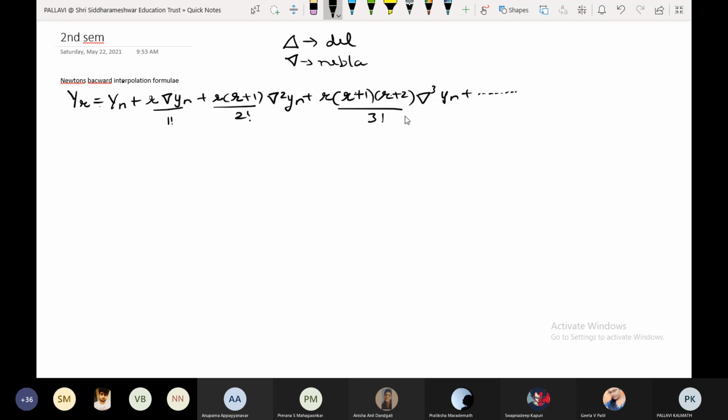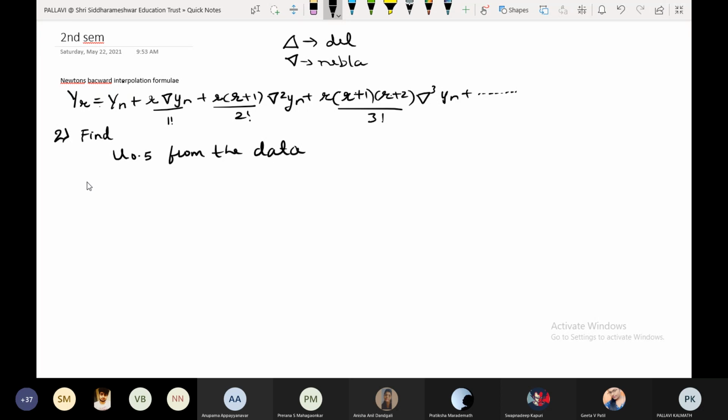Okay. So with this, write down the next example. Write it as second one. Find u of 0.5 from the data given below. So note down, all of you, the second example.